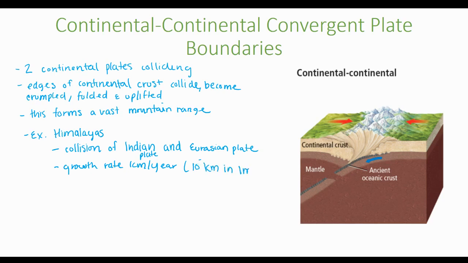So 1 centimeter doesn't seem like a lot in a year, but when you look at it over time, it is a whole lot. So what happens here is that we have one continental crust that's kind of subducting because it's attached to ancient oceanic crust, so it's a little bit denser. And these crusts are just colliding and folding and making these huge mountains.